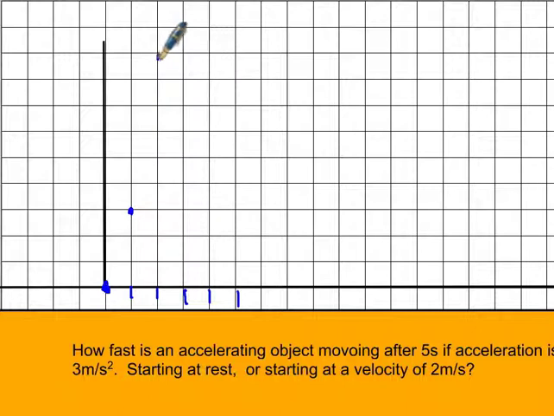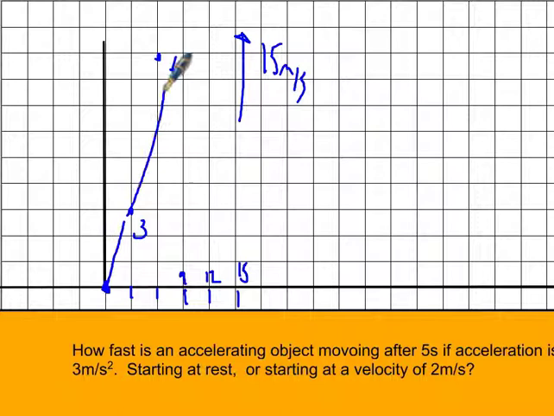Oh no, I'm going to run out of space. 3, 6, 9, 12, 15. It would be way up there at 15 meters per second. So you can just count it up on a graph. That's your intro. What is acceleration?